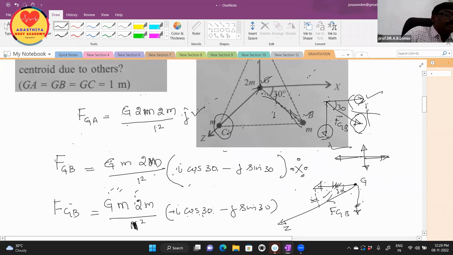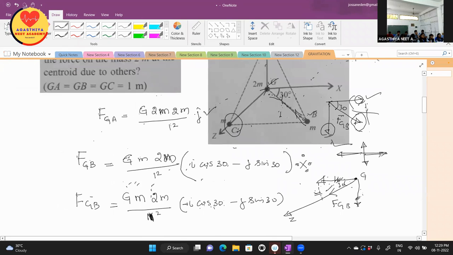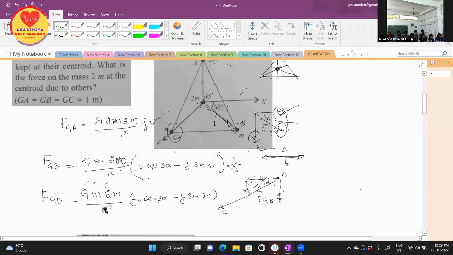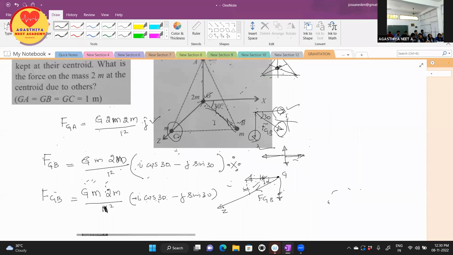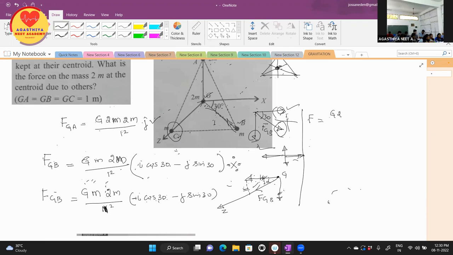Shall we add? Yes, sir. The force is equal to: first quantity, G, 2m, 2m, 2m. First one, G times 4 m squared. Correct? Yes, sir.